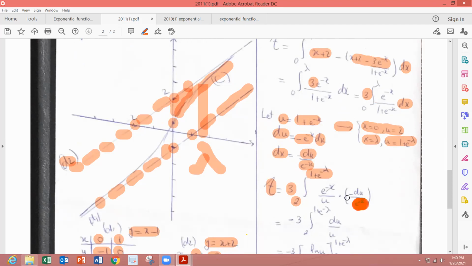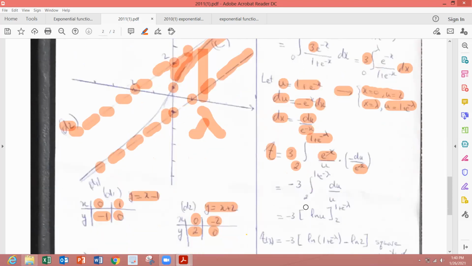The e to the minus x with e to the minus x simplify to 1. So we get minus 3. I took the minus outside.